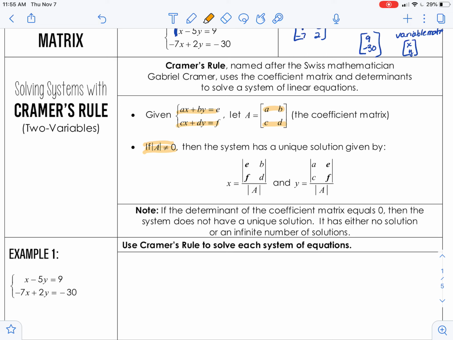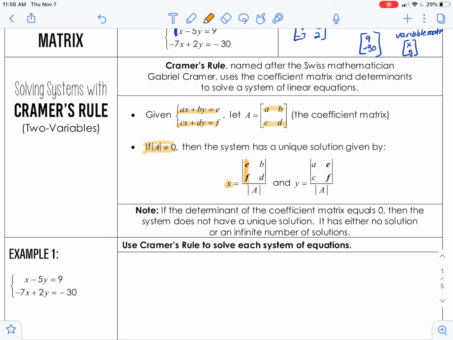Here's the next thing that we're gonna do. In order to find the x value, we take our E and our F numbers, that would be our constants, and we put them in place of the x. So we substitute the E and the F in place of the x to find x. The B and the D stays.